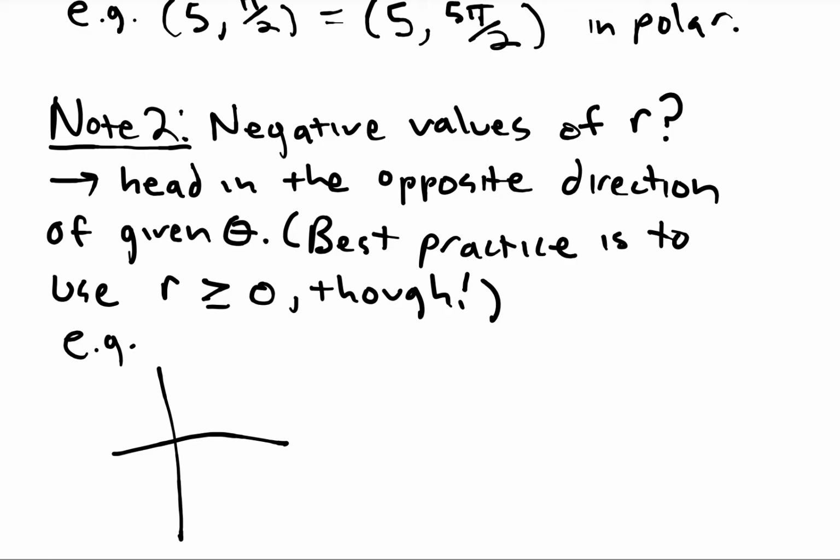Here we said that here is this angle of pi over 2, and we head out 5 units in that direction, okay? I could alternatively try this from a different approach. Let's say maybe I use a different angle, so this would give me something like minus pi over 2.